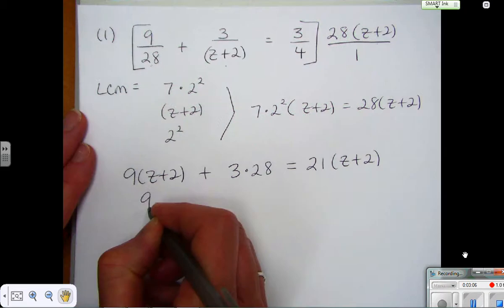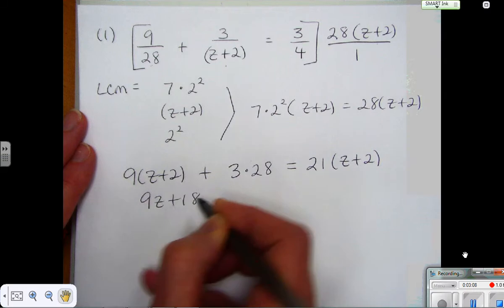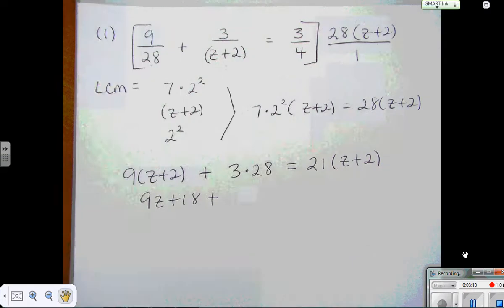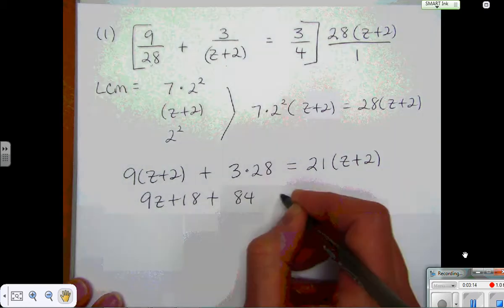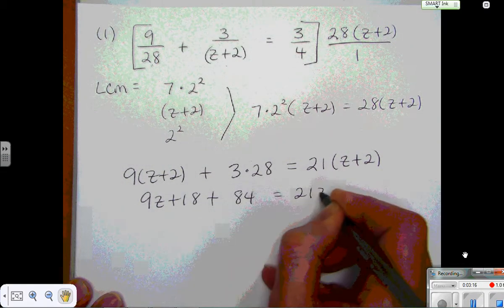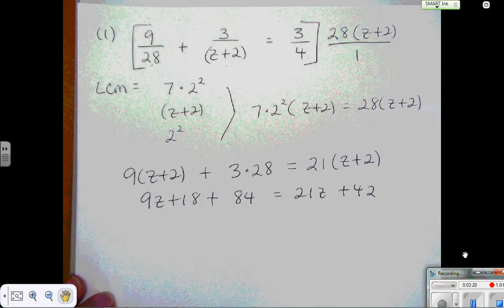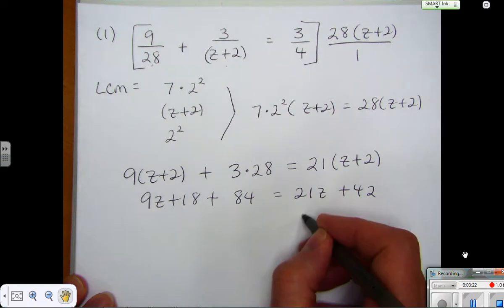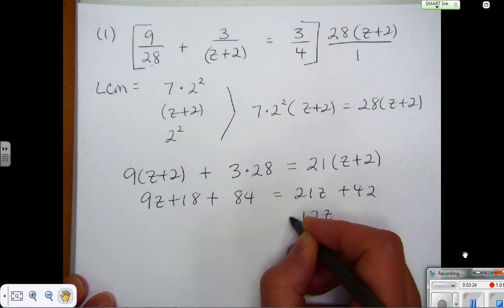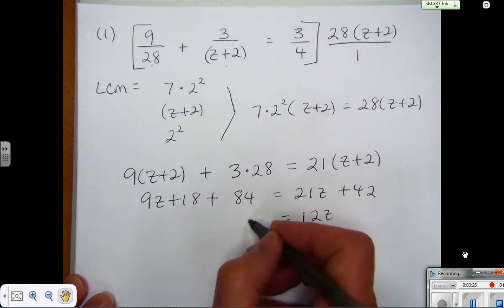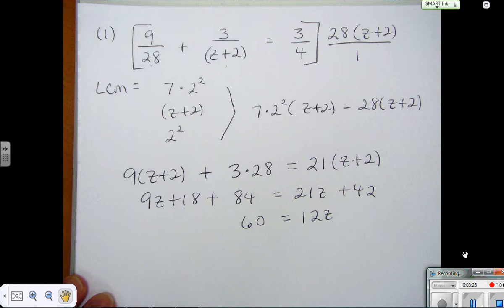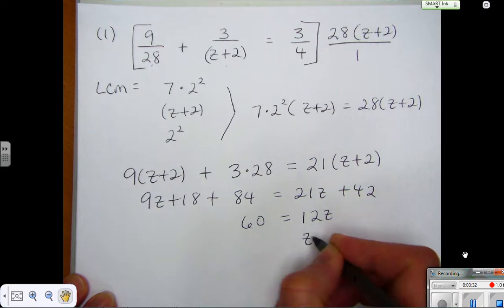So I have 9z plus 18 plus 84 equals 21z plus 42. And I want to get all my z's on one side, so I have 12z. All my constants on the other side, so that's going to be 60. And then divide by 12, so z equals 5.